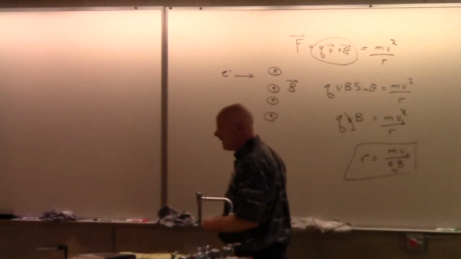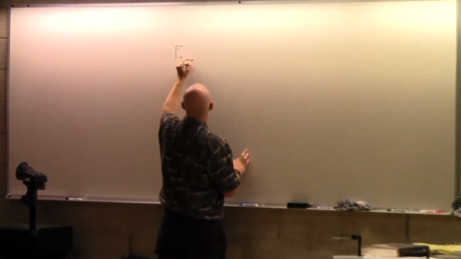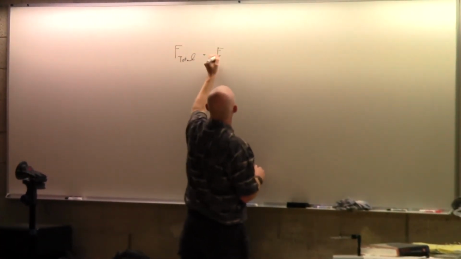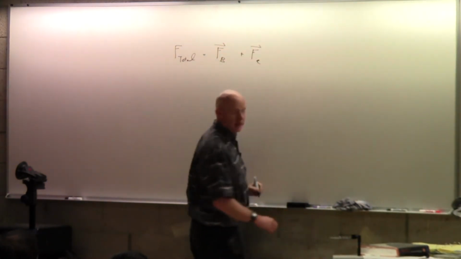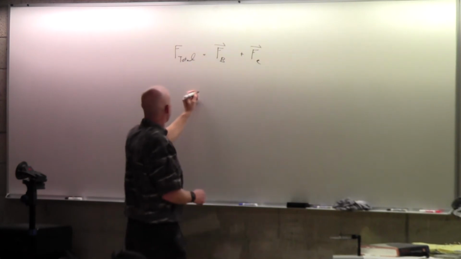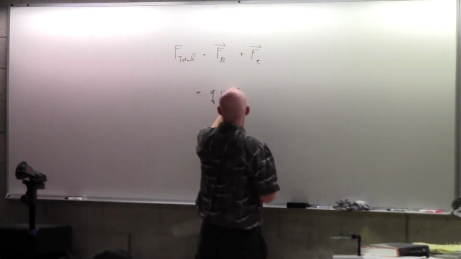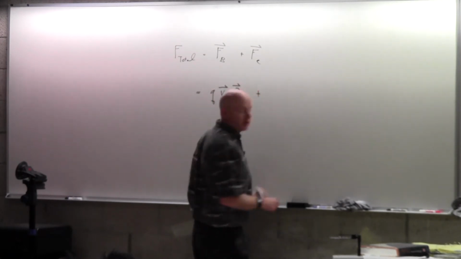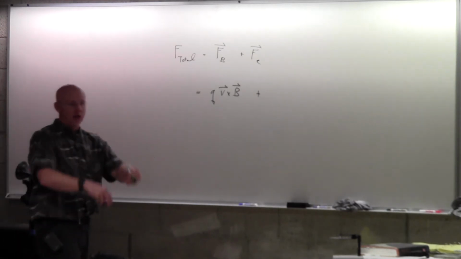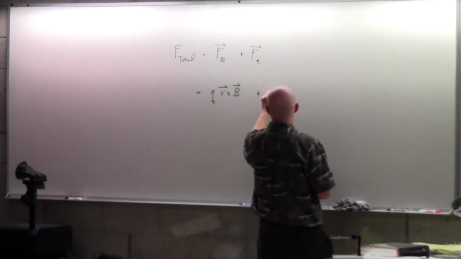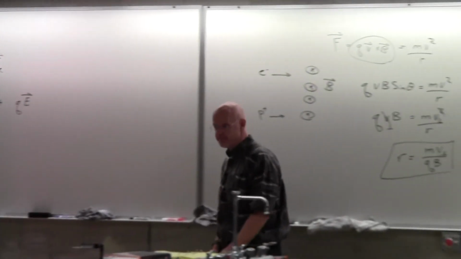What I'm really saying is the total force is both a magnetic and an electric. What we just learned in this chapter is that this is how you calculate the magnetic force. We already learned way back in chapter 23 how to calculate the electrical force, right?